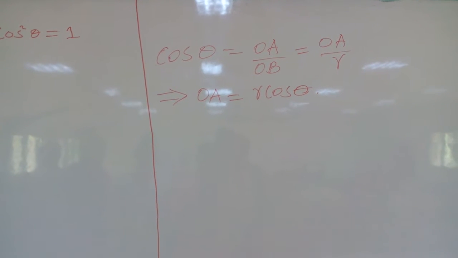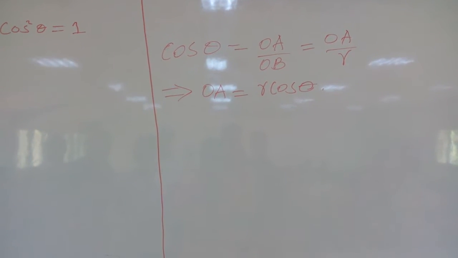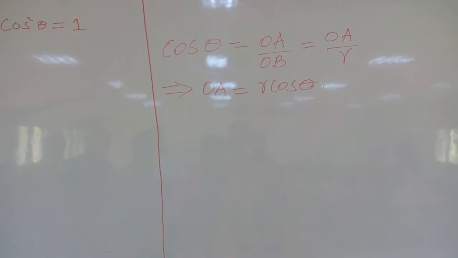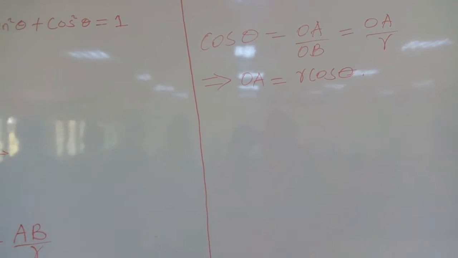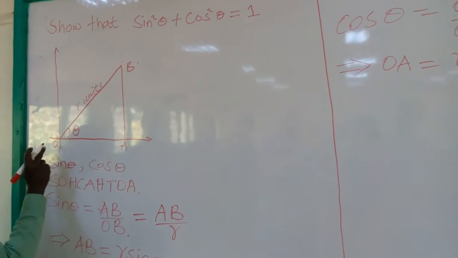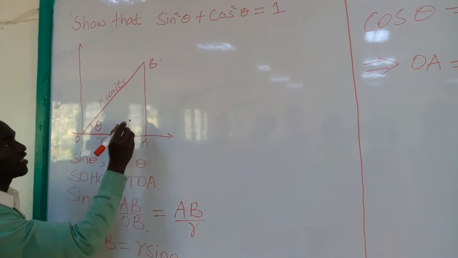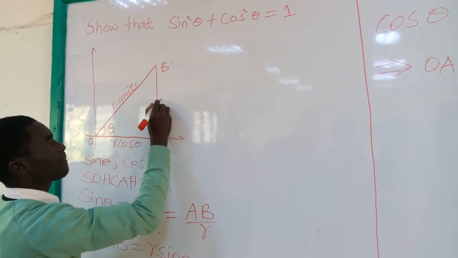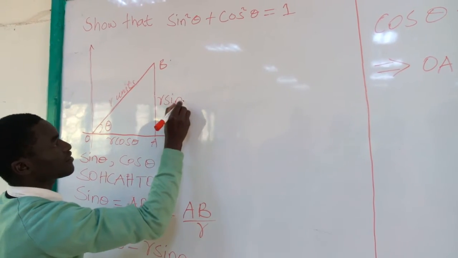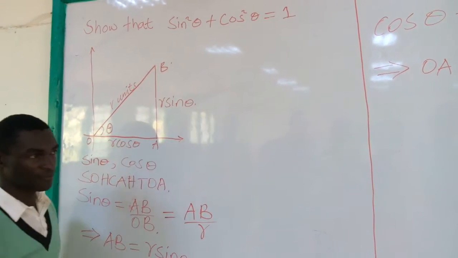Having those, we can substitute for the lengths that we now have, OA to be R cos theta and AB to be R sine of theta.